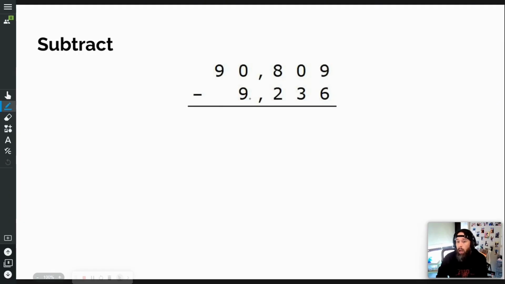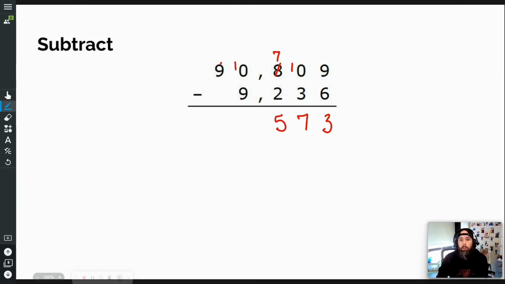90,809 minus 9,236. Go all the way to the right. 9 minus 6 is 3. 0 minus 3, can't do it. Borrow 1 from 8 and turn 8 into 7. Now 10 minus 3 is 7. 7 minus 2 is 5. 0 minus 9, can't do it.